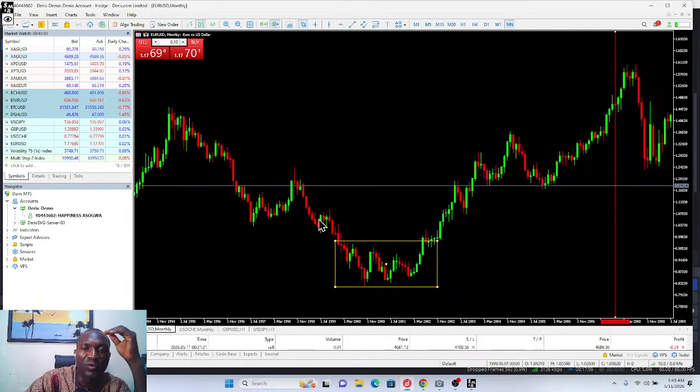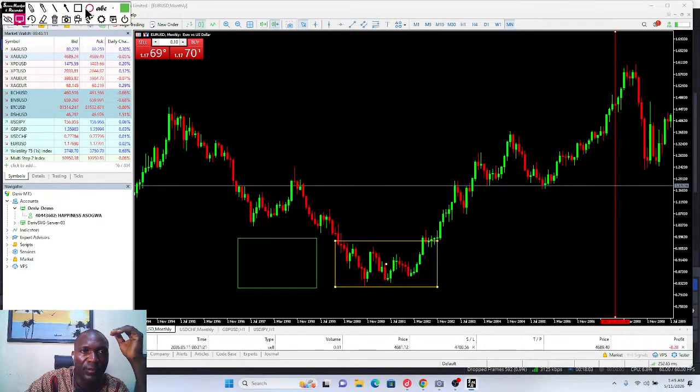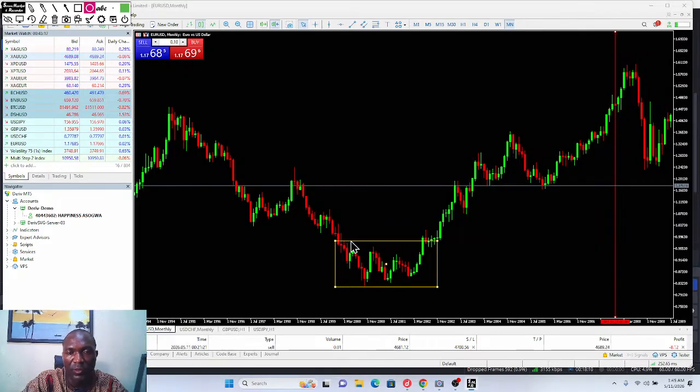Why is it a range? It is because if you look at this particular point, and this particular point, this pattern here is lower, coming straight to this lower, then coming straight to this is lower.